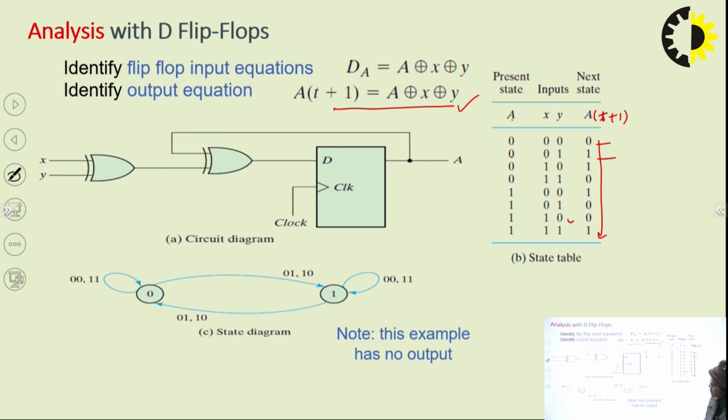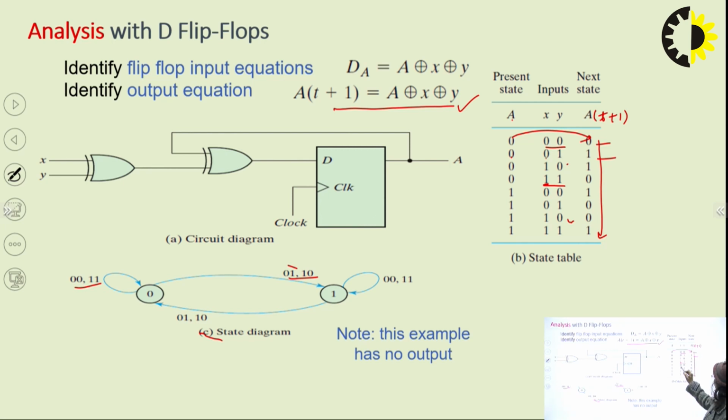As there is only one state variable, only two states will be there, and we have two circles, 0 and 1. For present state 0 to next state 0, input may be 0 0 or 1 1. For present state 0, next state 1, input may be 0 1 or 1 0.